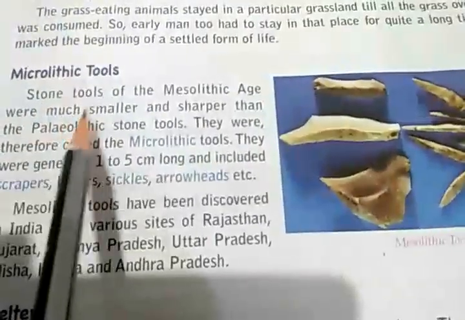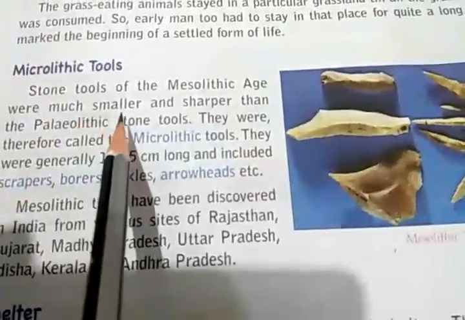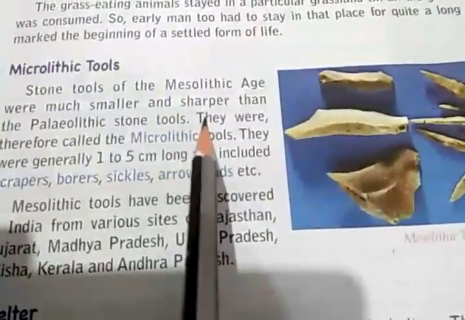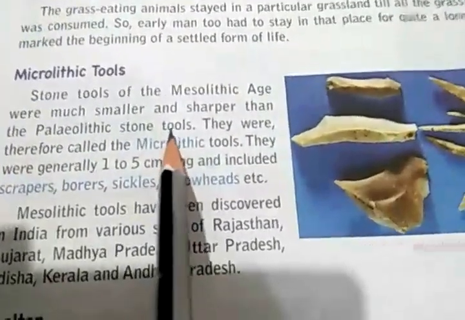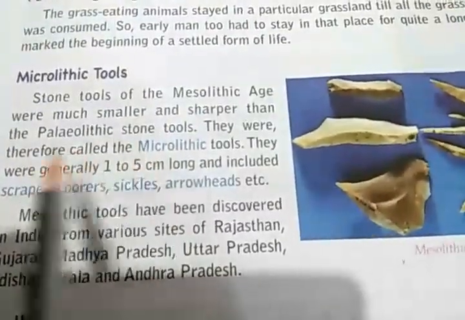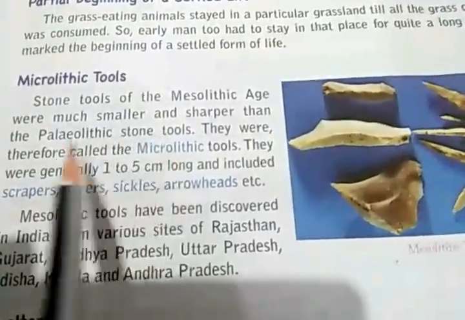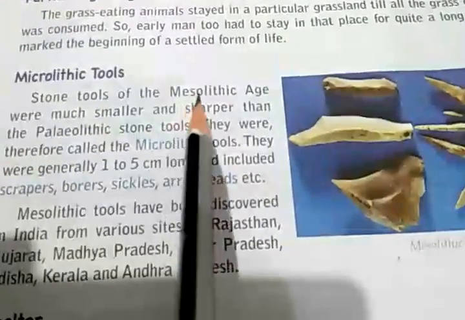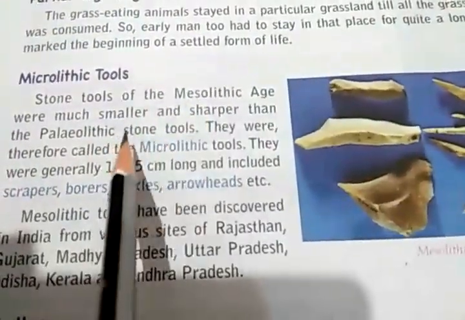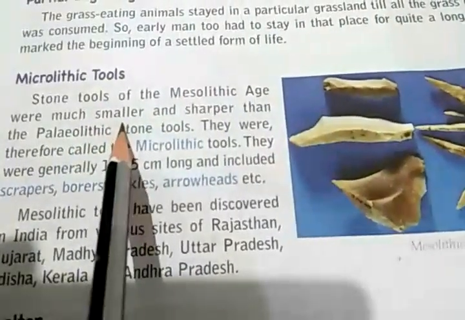Stone tools of the Mesolithic age were much smaller and sharper than the Paleolithic stone tools. So the difference between Paleolithic and Mesolithic: the first difference is that in the Mesolithic, the tools used were much smaller in size.